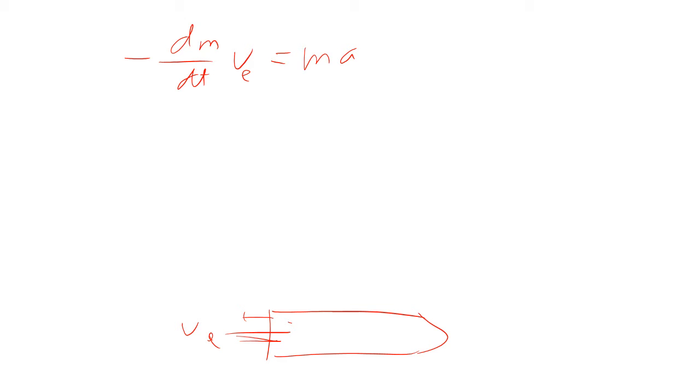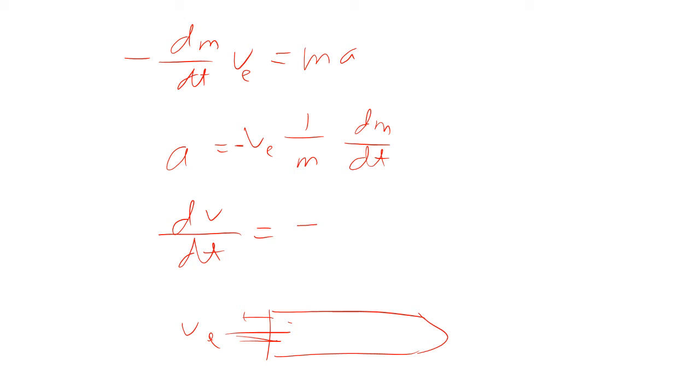And so I want to solve for a, the acceleration. So a is minus v_e times 1 over m dm dt. a is dv dt, so dv dt is minus v_e times 1 over m dm dt.